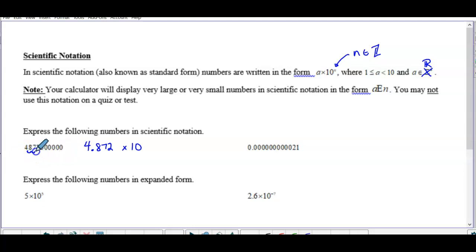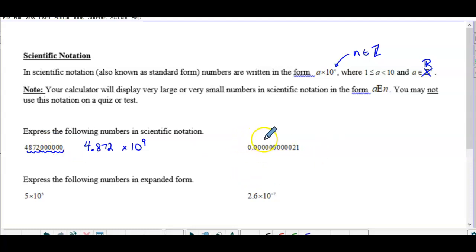So 1, 2, 3, 4, 5, 6, 7, 8, 9. Okay, 4.872 times 10 to the 9. If we do that, it moves the decimal 9 to the right. So that means there should be 9 digits here, 3, 6, 9, after the 4.